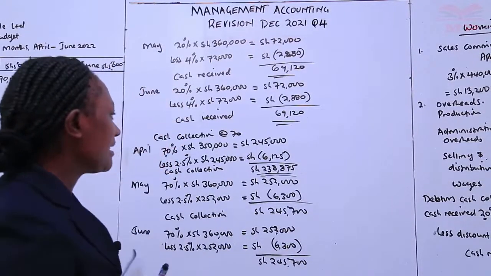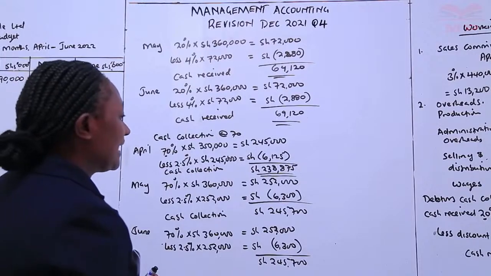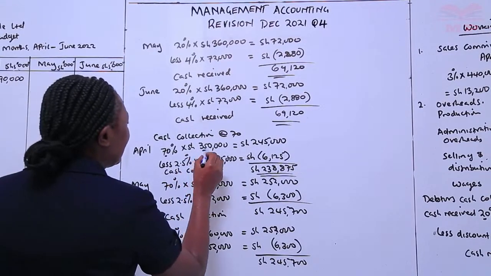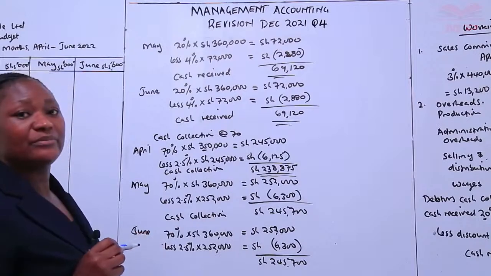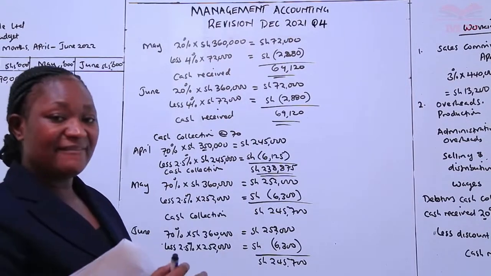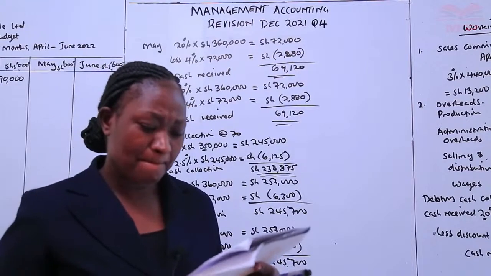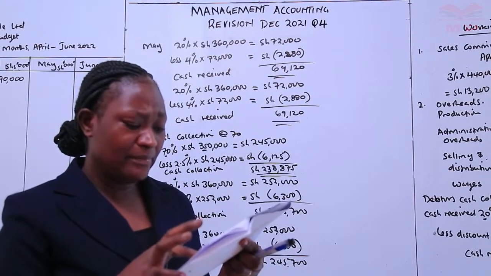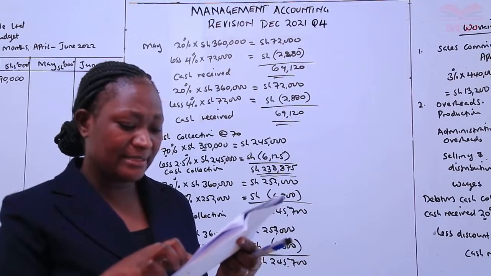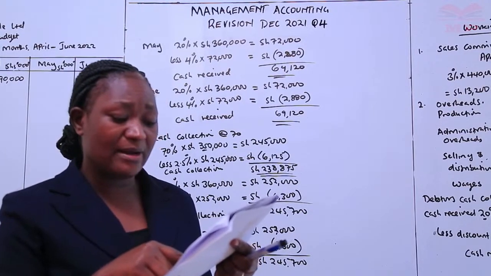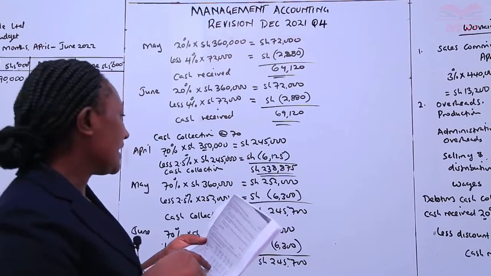Without a discount means we will calculate on the sales, and the 10% is what will be paid after 2 months. Since we were given sales from the month of January, those that will be paid in April will be based on the sales that were made in February.